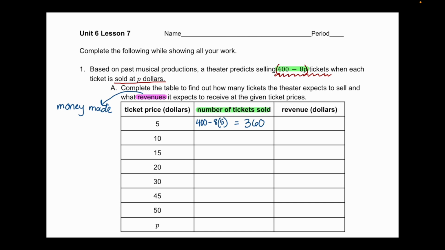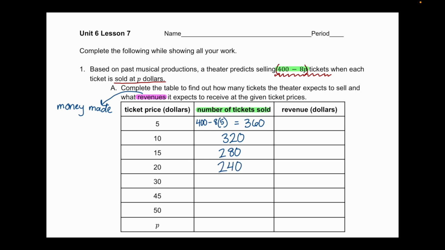Now if we did 8 times 10, that would be 400 minus 80, and that would be 320 tickets. 400 minus 8 times 15 is going to give us 280. If we do 400 minus 8 times 20, we'll get 240.